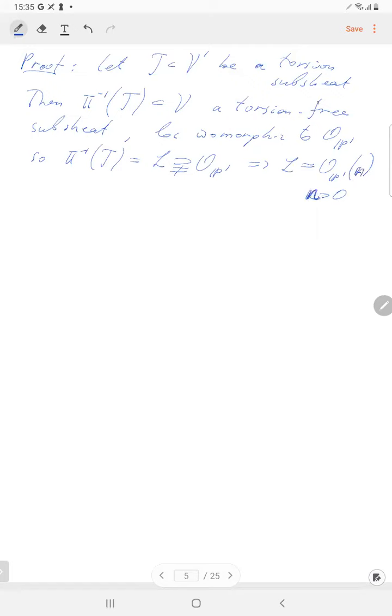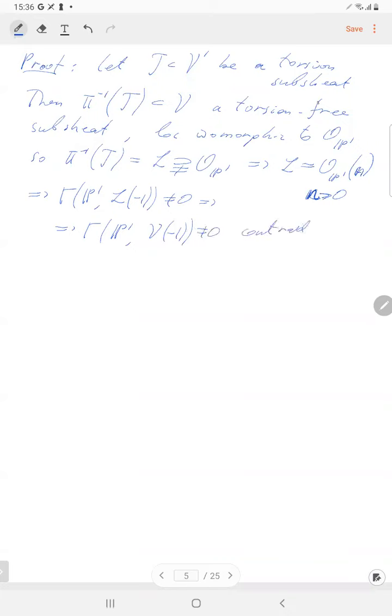Okay, but then it means that the global sections of P1 with coefficients in L of -1 is not 0, and it implies that the global sections of P1 with coefficients in V twisted by -1 is not 0, and this is a contradiction.